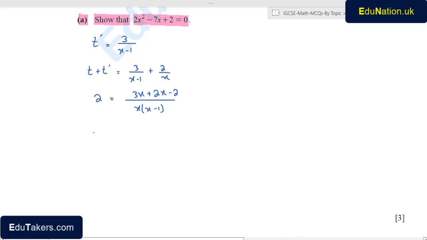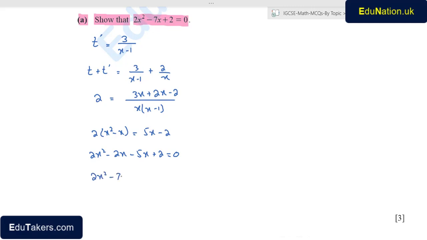By cross multiplication, 2 into x square minus x equals 5x minus 2. This will be 2x square minus 2x minus 5x plus 2 equals 0. So 2x square minus 7x plus 2 equals 0. Hence proved.